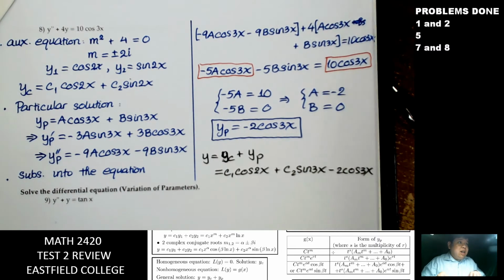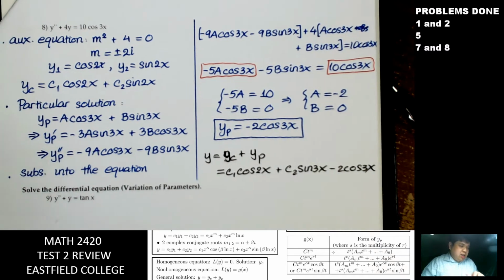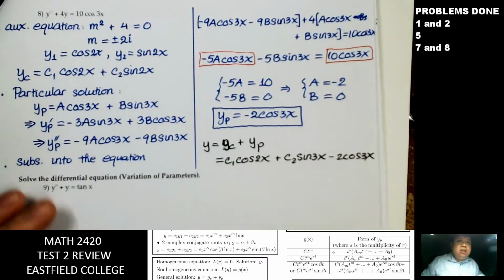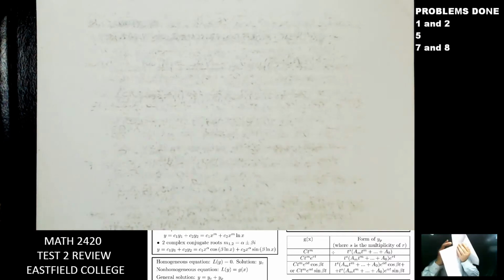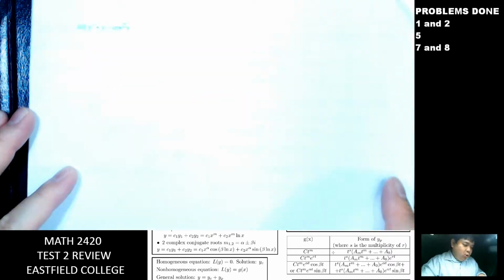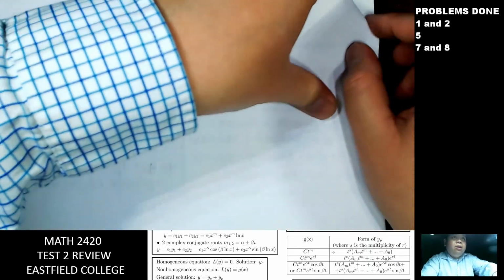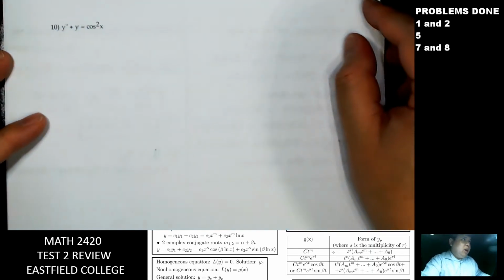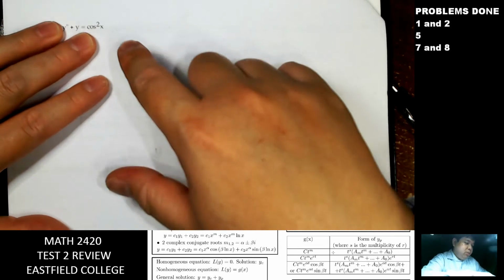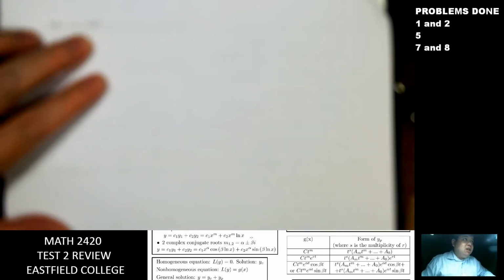Next is the variation of parameters. I think we did something like this in class, so I'm not going to do that here. I'll go to 10 instead. When we look at this, there's no way we can guess the solution because this is none of that.